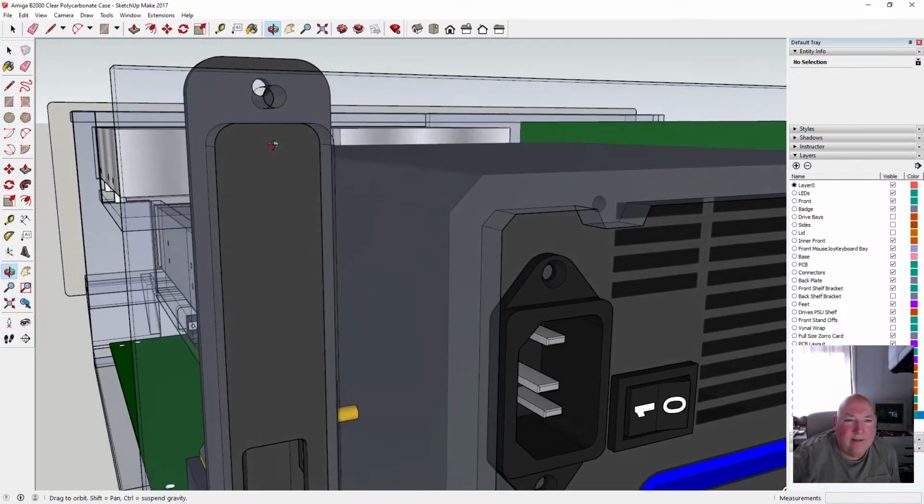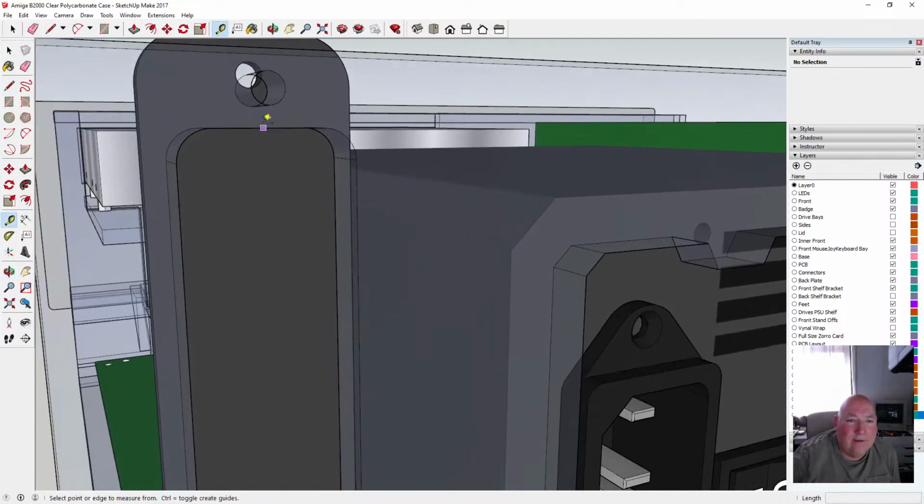So we've got 3.5 mil from there to the top of there. Let's try it. Let's have a look if that's true. Yeah, it's about right.